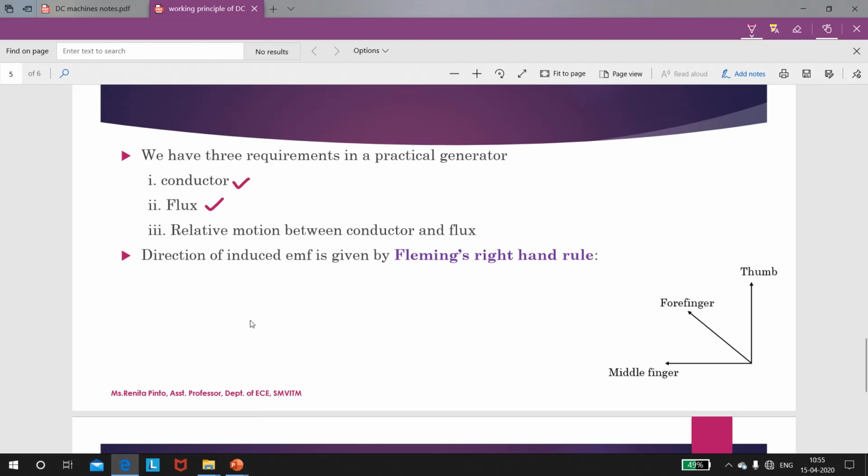To obtain a larger output, you need a number of conductors, and all these conductors should be joined in a particular fashion, forming a winding. This winding will be placed on the armature of the DC machine. Conductors on the armature will be rotated by an external device called a prime mover.